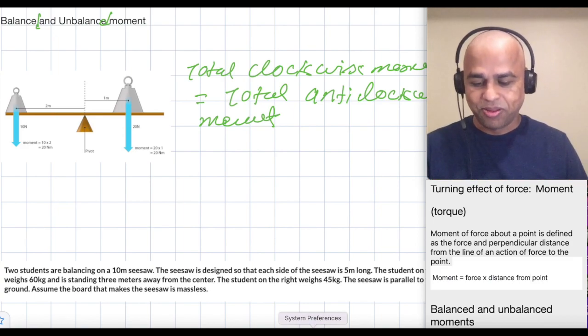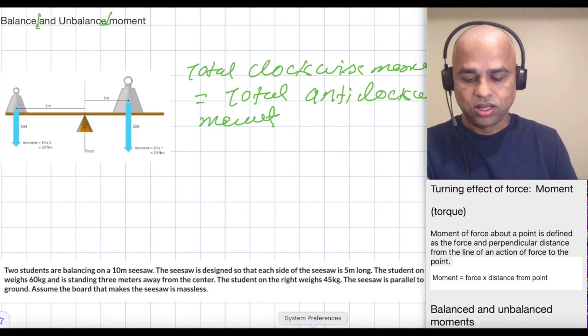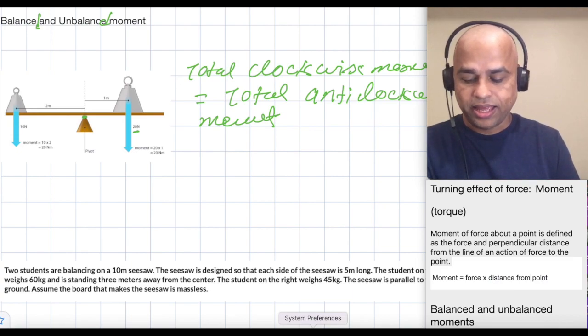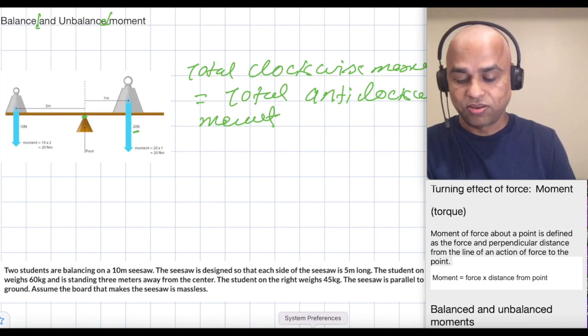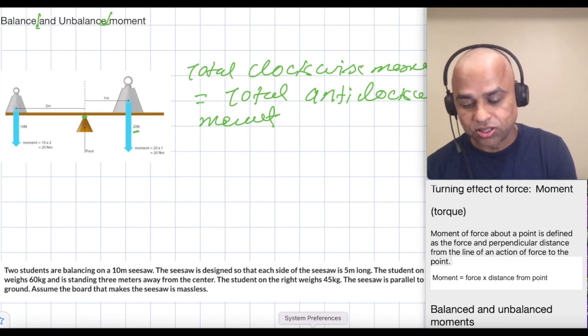In this example, suppose this is the weight, right? The weight of 20 newtons is 1 meter from this point. Another weight, which is 10 newtons, is 2 meters from this point, and the force is at a perpendicular distance.